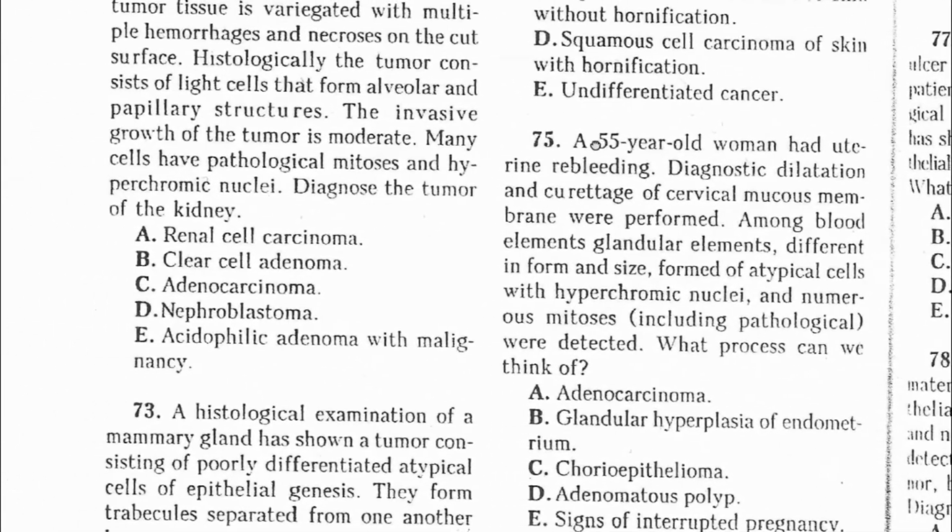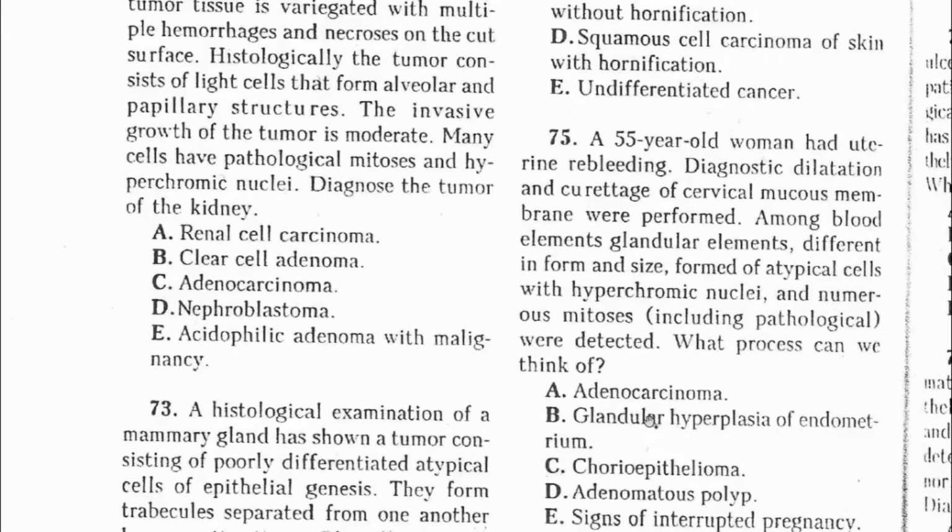75. A 55-year-old woman had uterine bleeding. Diagnostic dilatation and curettage of cervical mucous membrane were performed. Among blood elements, glandular elements different in form and size, formed of atypical cells with hyperchromic nuclei and numerous mitoses were detected.